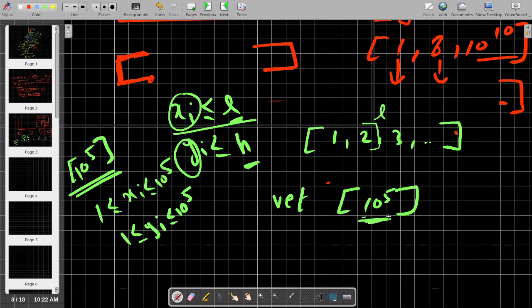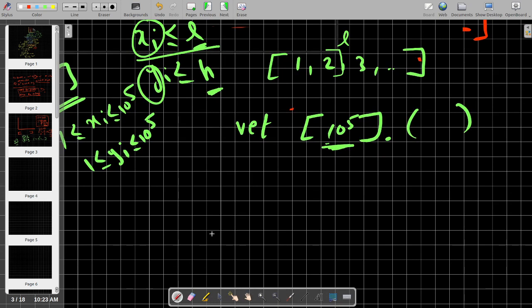And in this I will store x coordinates, same as we did in the past. Now this is 10 raised to 5 after compression, correct? Now for x in increasing order, let's say our answer is this.